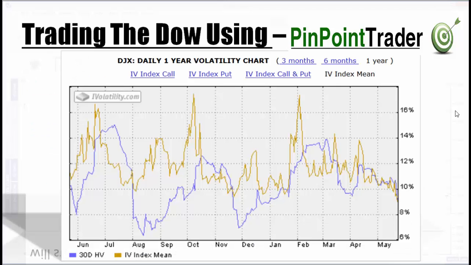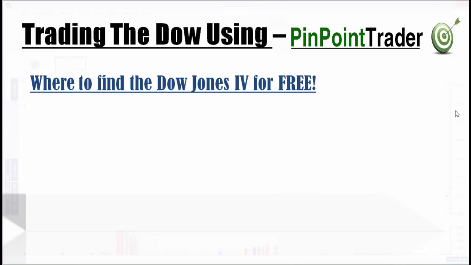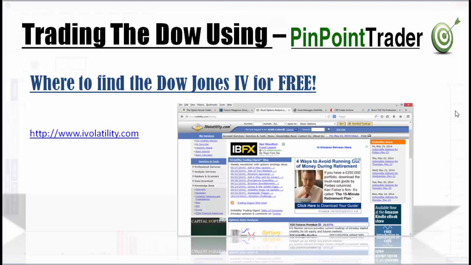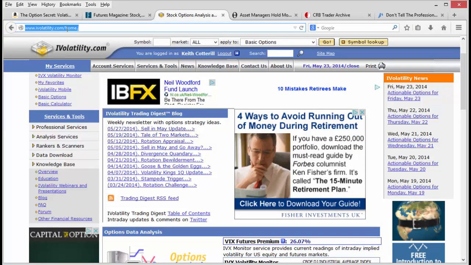So where do you get the implied volatility from? Well, believe it or not, the website is ivolatility.com. So let me just go to this website for you, ivolatility.com. When you first come to this site, you will have to register, and you do that.